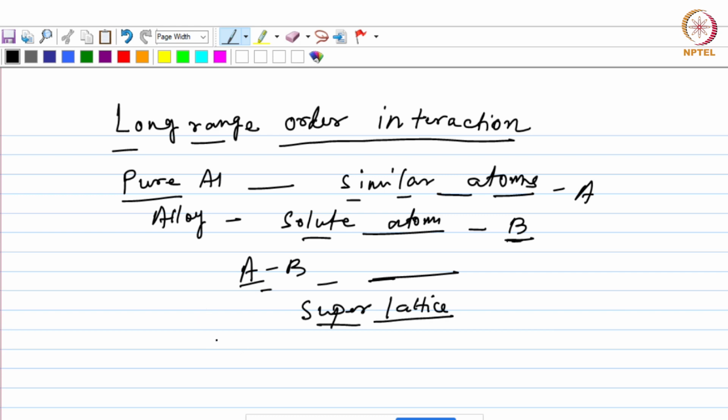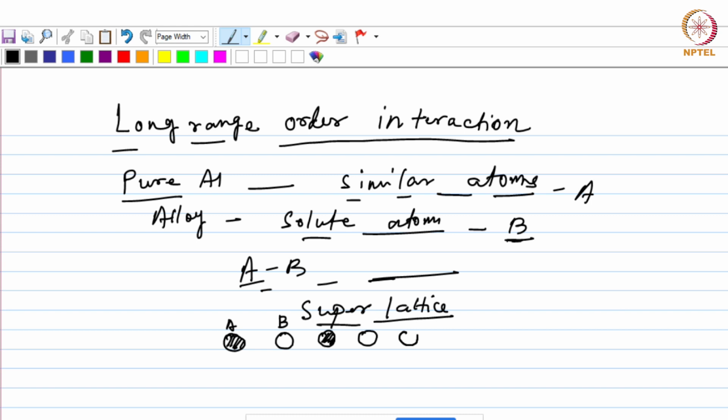Okay, so if we denote A as this and B as the open circle, then this kind of arrangement of the A and B atoms, where they are arranged in a particular sequence, will prevail over a long range in the lattice.